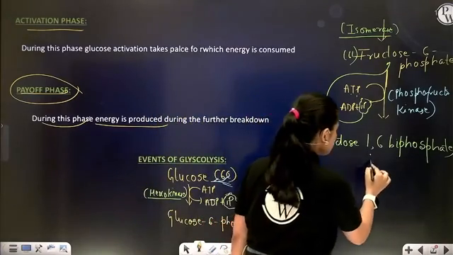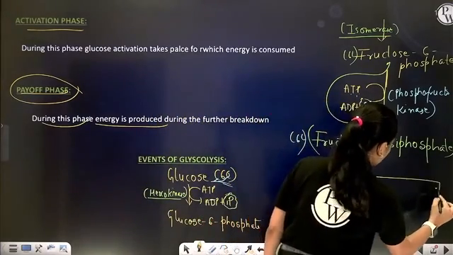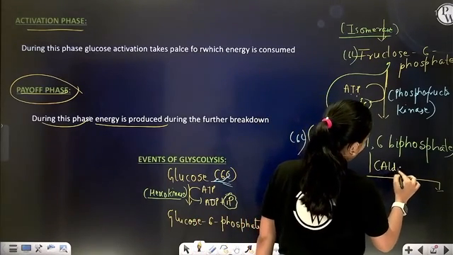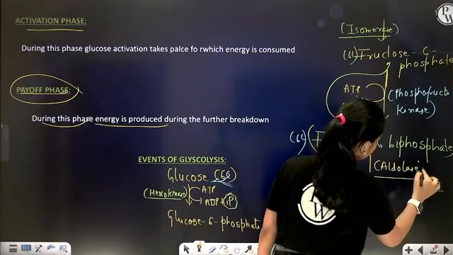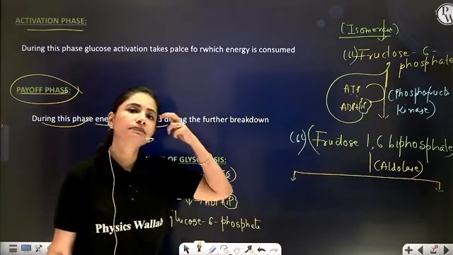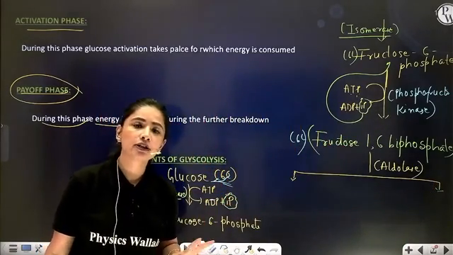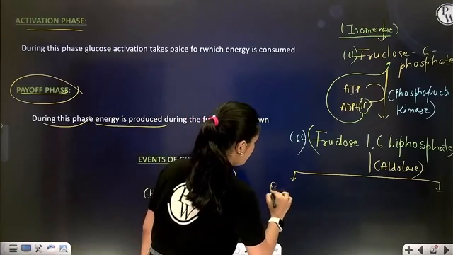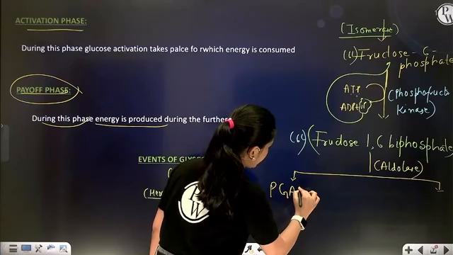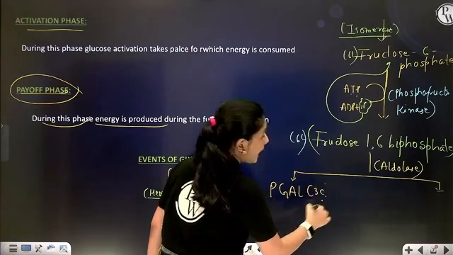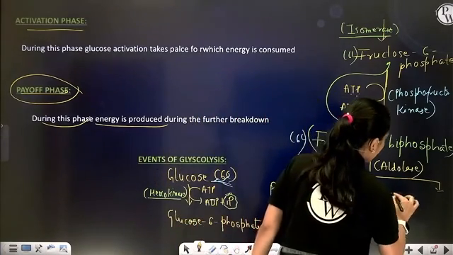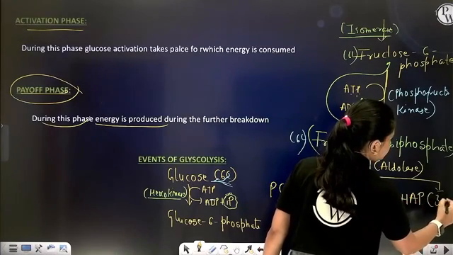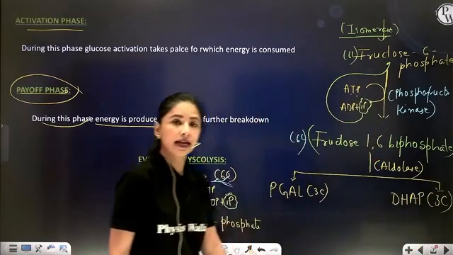So in the presence of the enzyme aldolase, this 6-carbon compound will break down into 3-carbon compounds called phosphoglyceraldehyde and dihydroxyacetone phosphate. Correct?